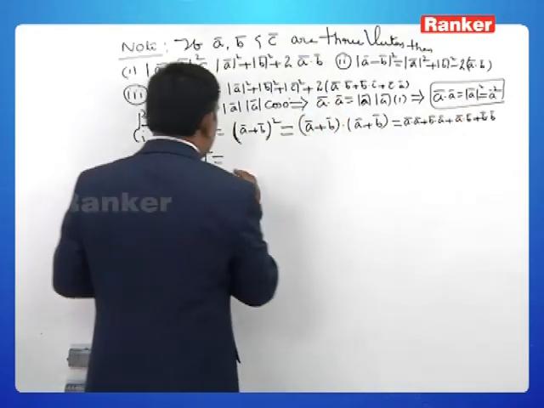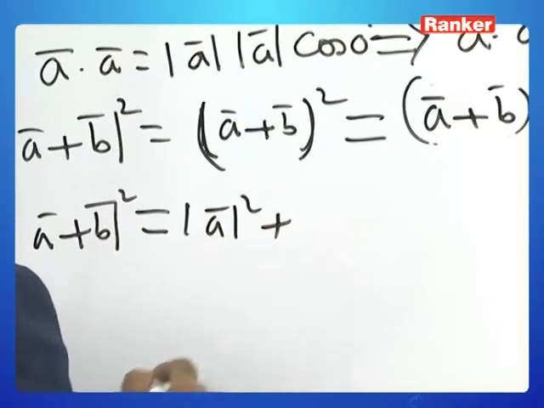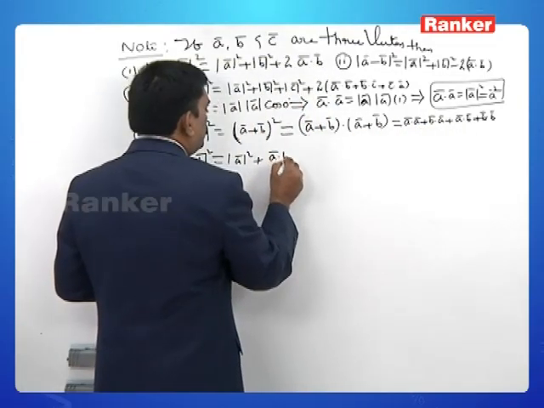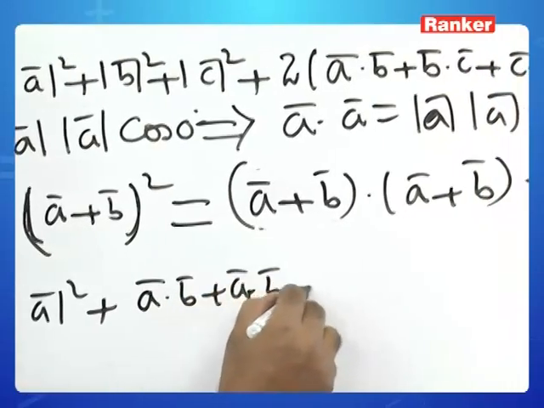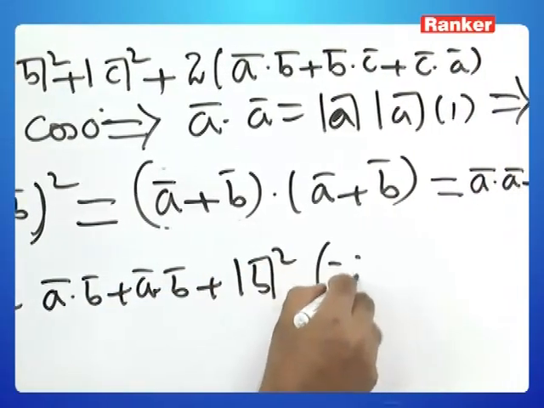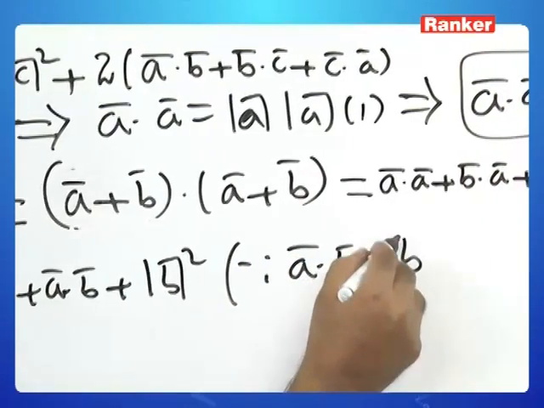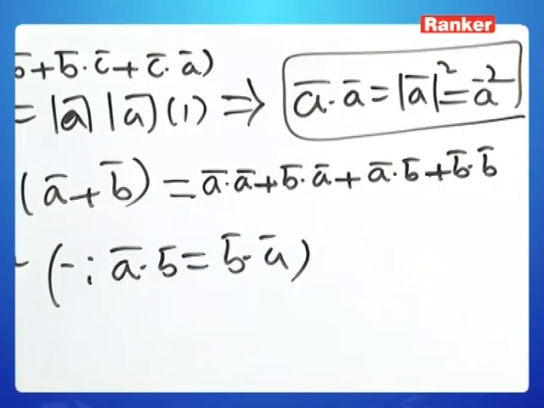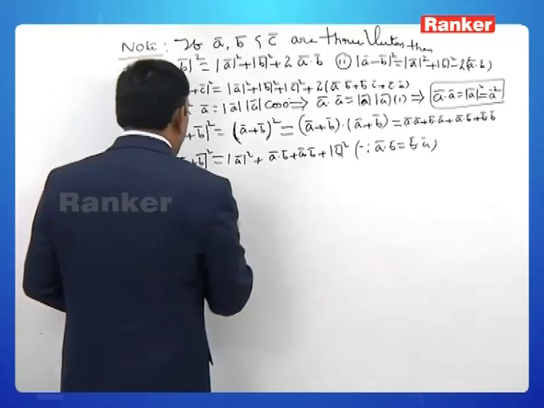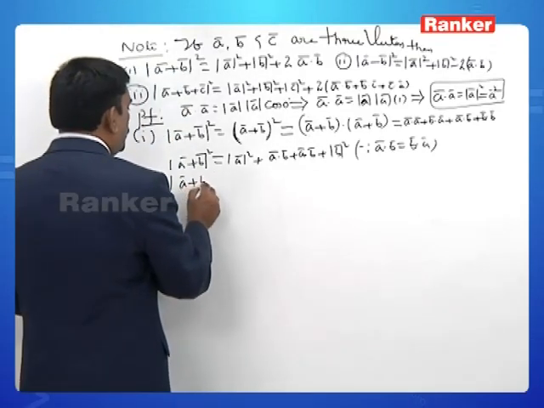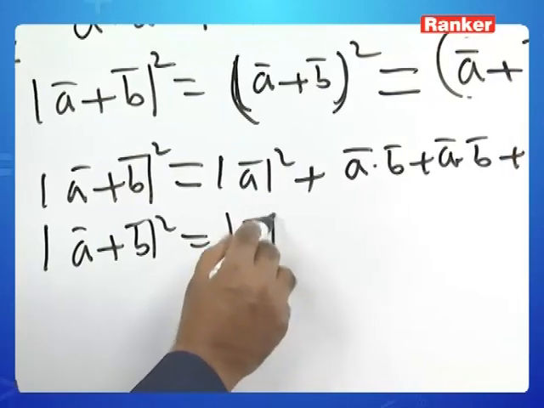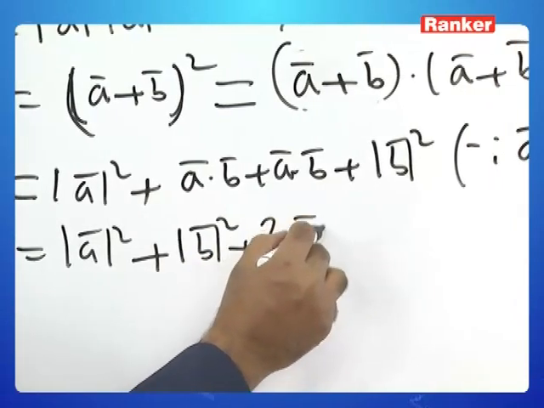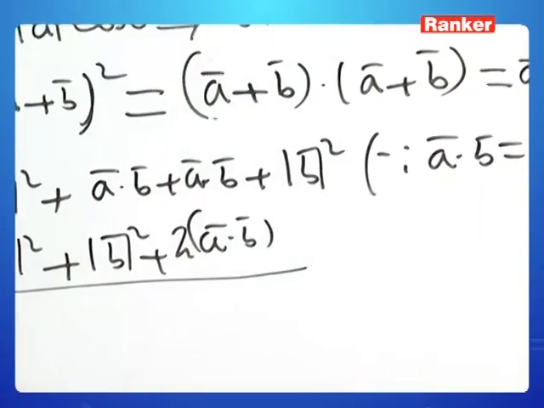I can write this as mod A whole square. Now A dot B and B dot A are both the same, since A dot B is equal to B dot A, both are scalars. So therefore, modulus of A bar plus B bar whole square is equal to mod A whole square plus mod B whole square plus 2 into A bar dot B bar.